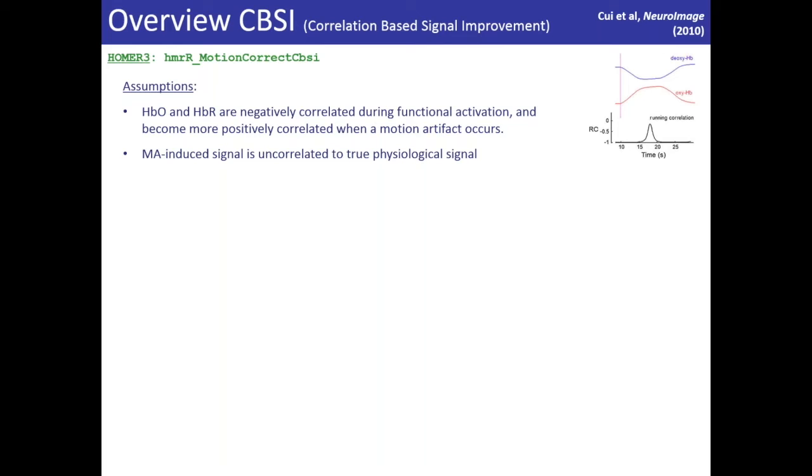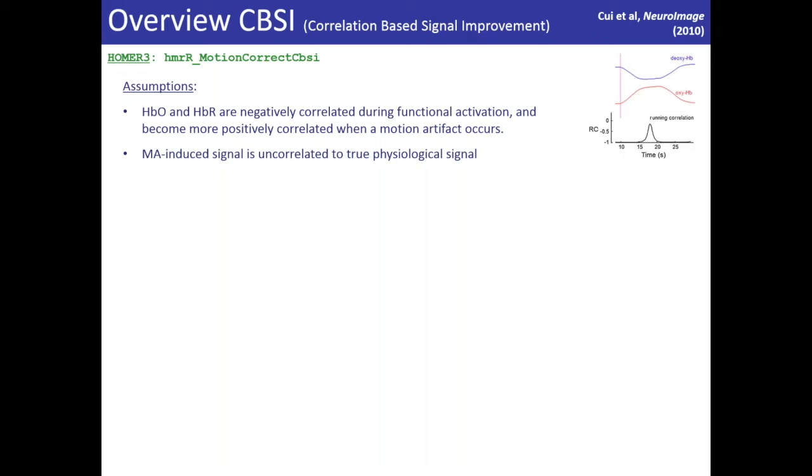So another motion correction method is correlation-based signal improvement. It was introduced by Dr. Kui. It has two major assumptions.